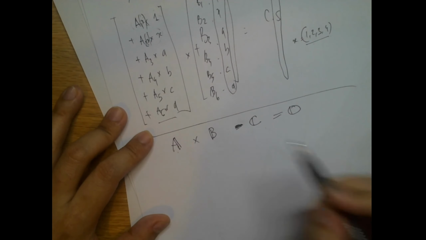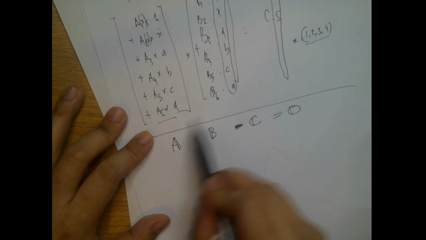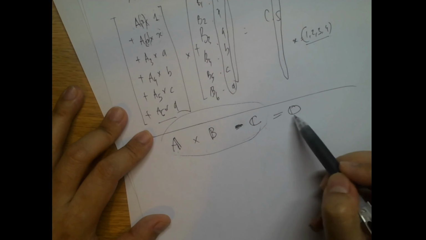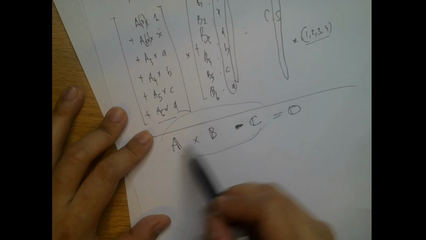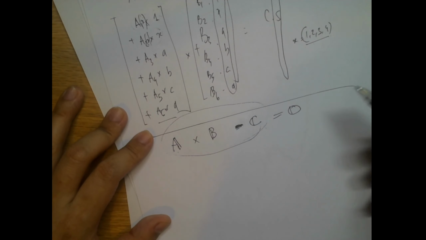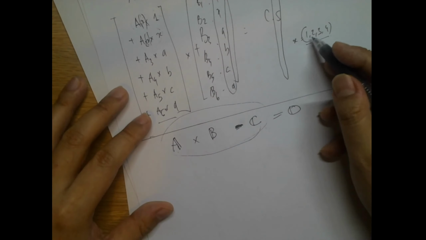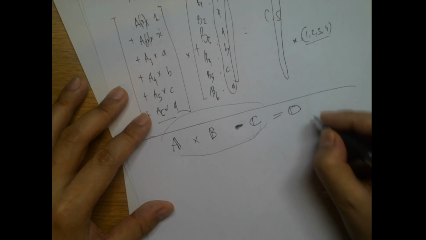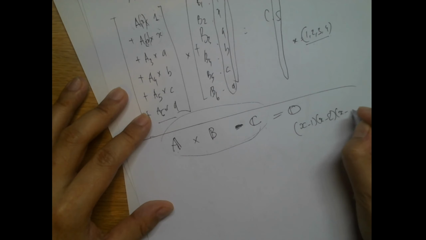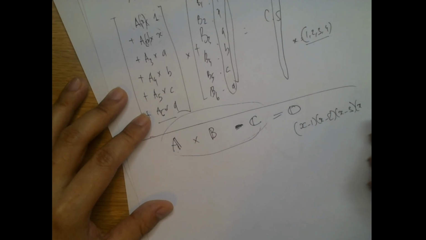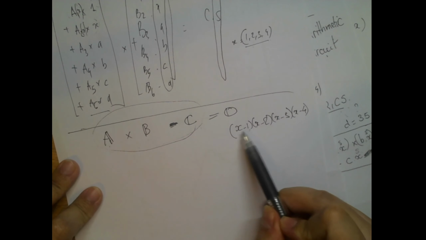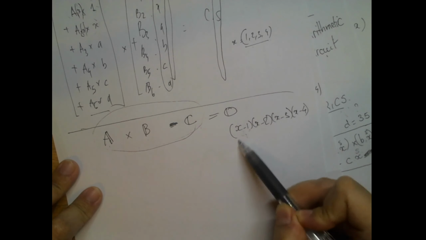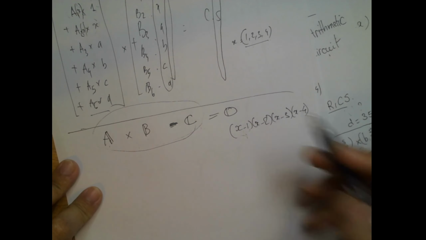So there's a result that says that if you are a polynomial which happens to be 0 at these points, you must be a multiple of the polynomial that is 0 at these points. The obvious polynomial that is 0 at these points is the one that is written as x minus 1 times x minus 2 times x minus 3 times x minus 4. If you evaluate at 1, this term becomes 0, and 0 multiplied by whatever is going to be 0.